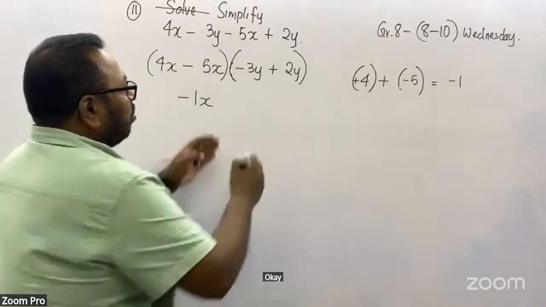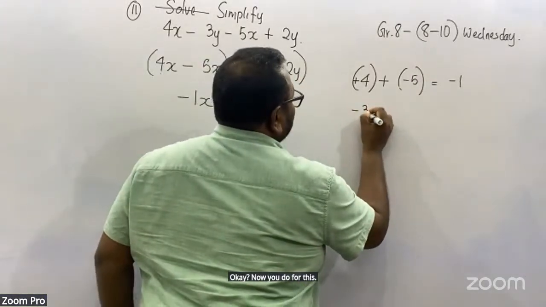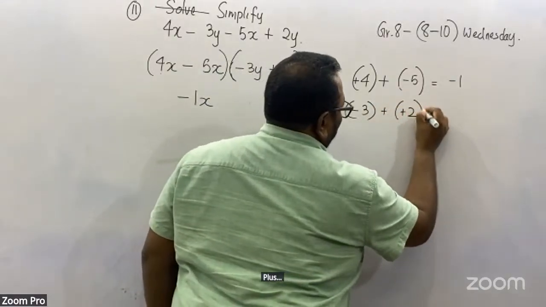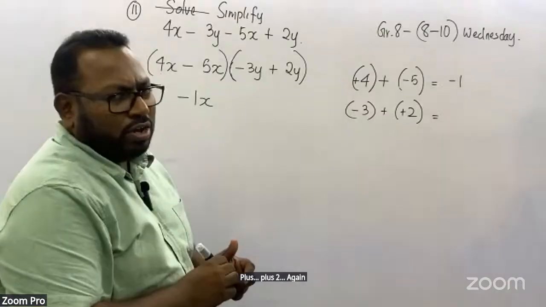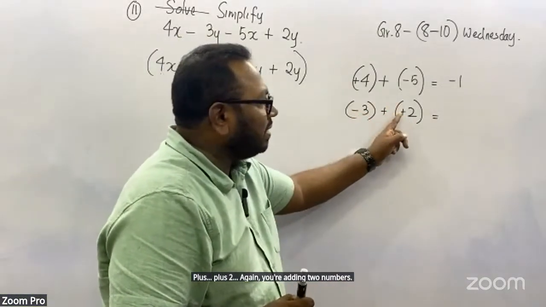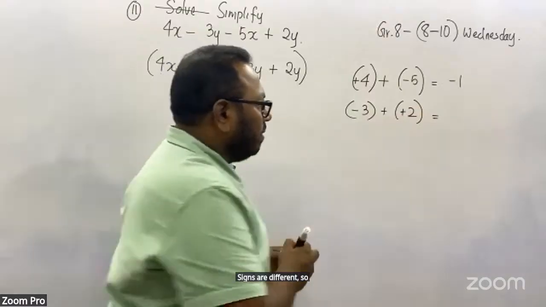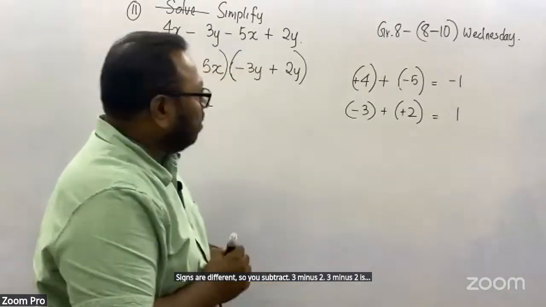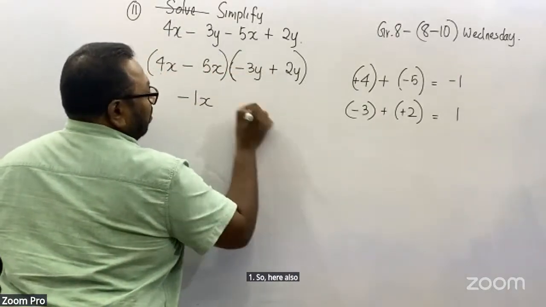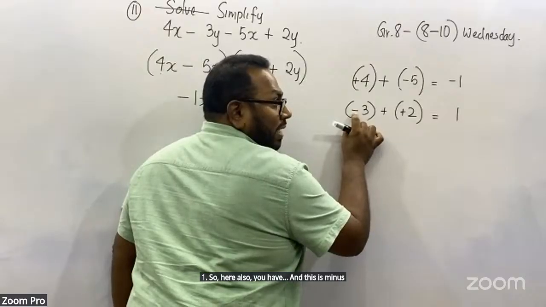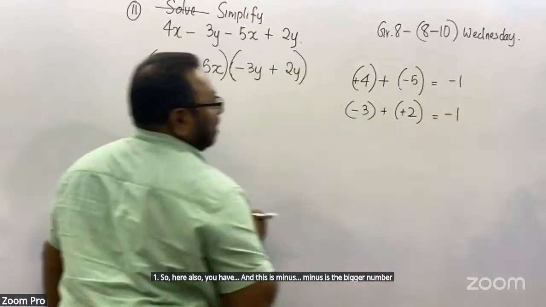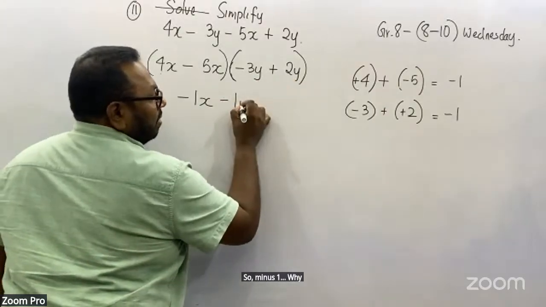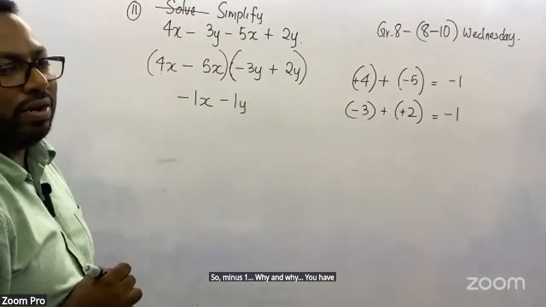Now you do this: minus 3 plus 2. Again, you're adding two numbers, signs are different, so you subtract. 3 minus 2 is 1. And minus is the bigger number, so you have minus 1. So y and y, you have minus 1y.